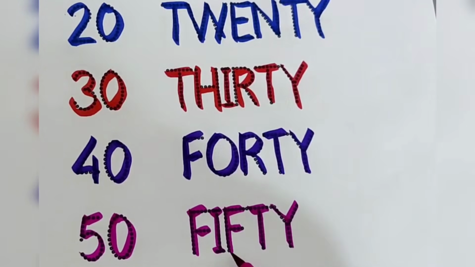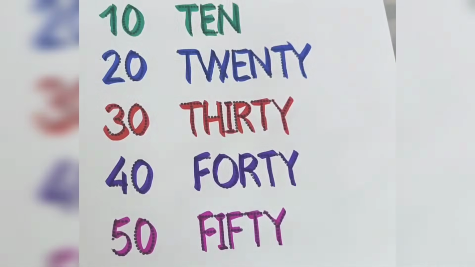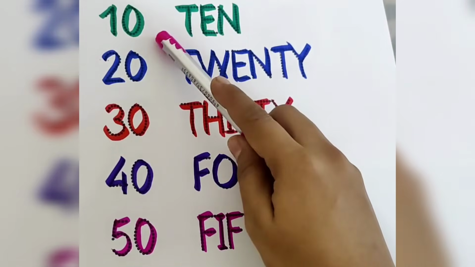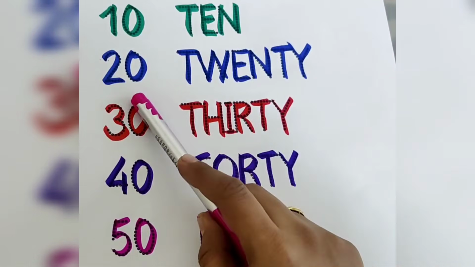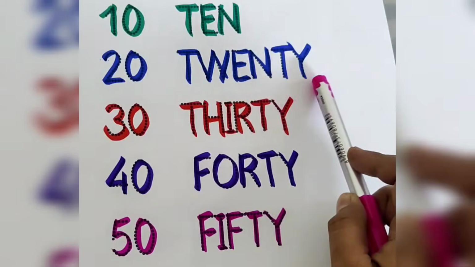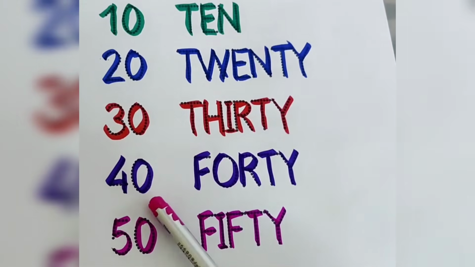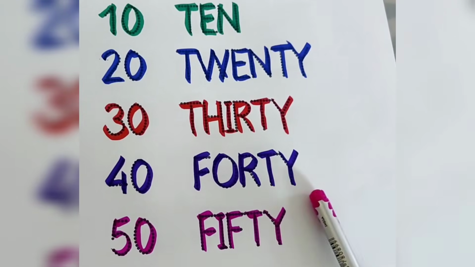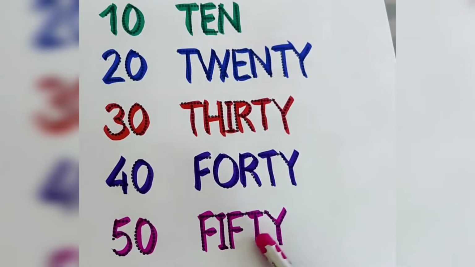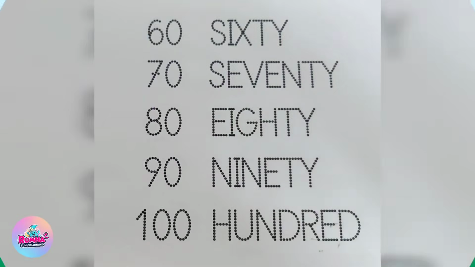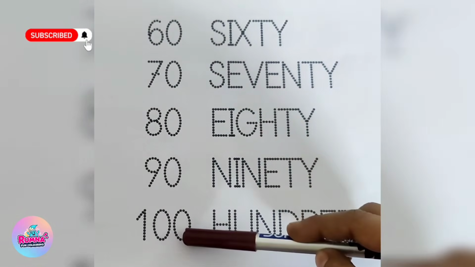Number 50. 10 is TEN 10. 20 is TWENTY 20. 30 THIRTY 30. 40 FORTY 40. 50 FIFTY 50. Today we are going to write number names from 60 to 100.